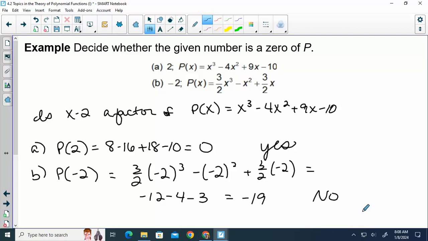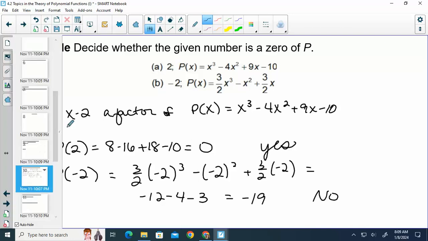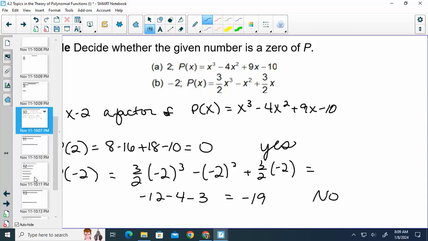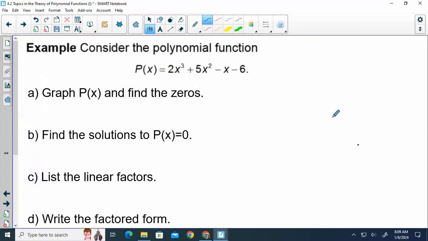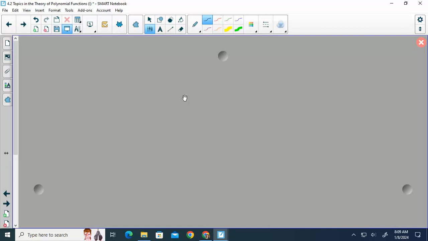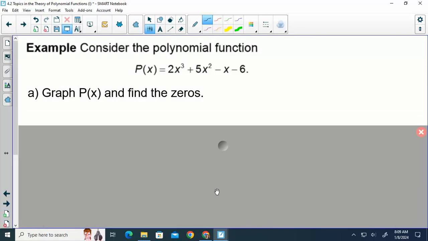Okay. And then let's look at a problem. So we're going to do several different things with this polynomial.